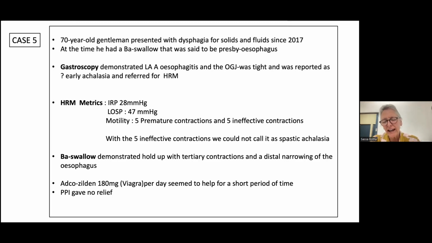So the best way actually is your history, and then also if you do pH impedance, and if you get full column reflux episodes, if you've got a lot of them, the incidence of volume reflux is higher because you measure up to 17 centimeters your reflux episode.